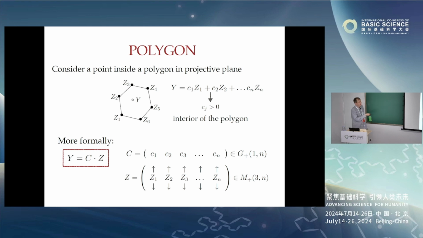And this row of positive numbers is also a first example of a positive Grassmannian. In this case, just very trivial, G plus 1n. It's a 1 by n matrix with all 1 by 1 minors positive, which means that the entries are positive.